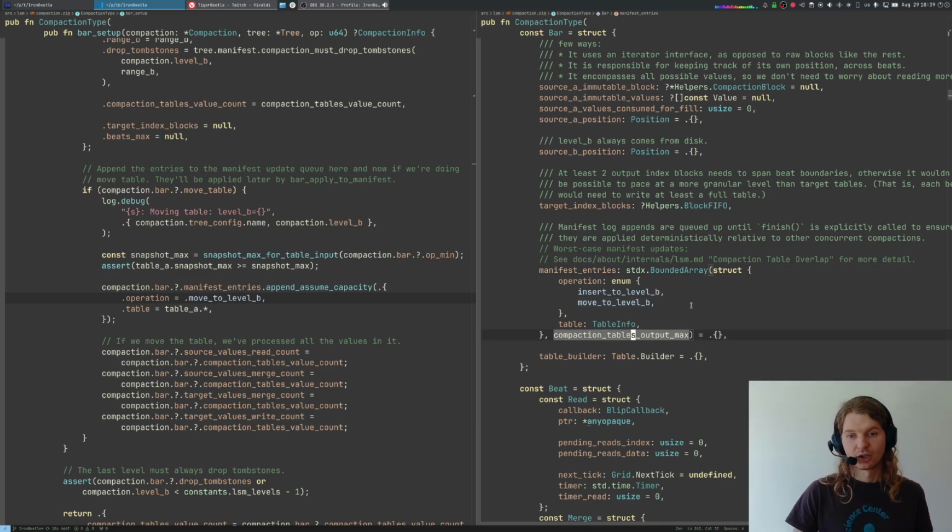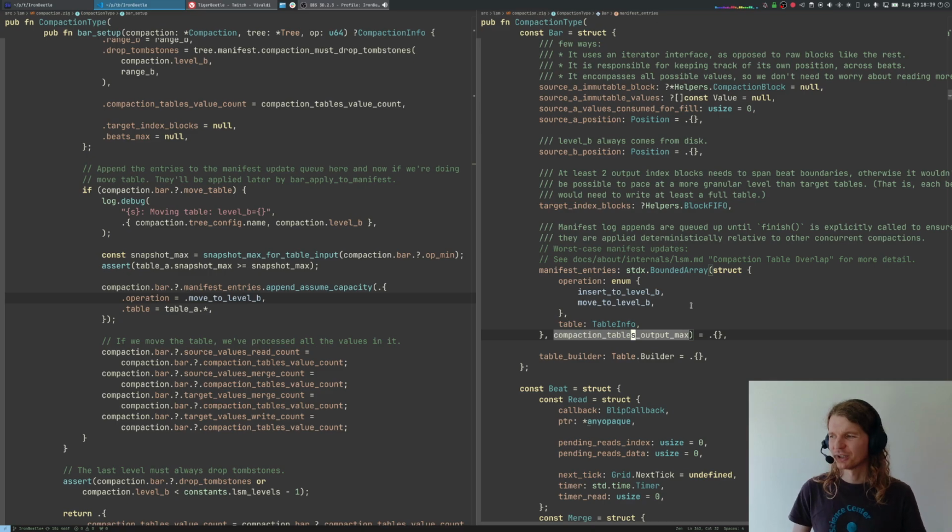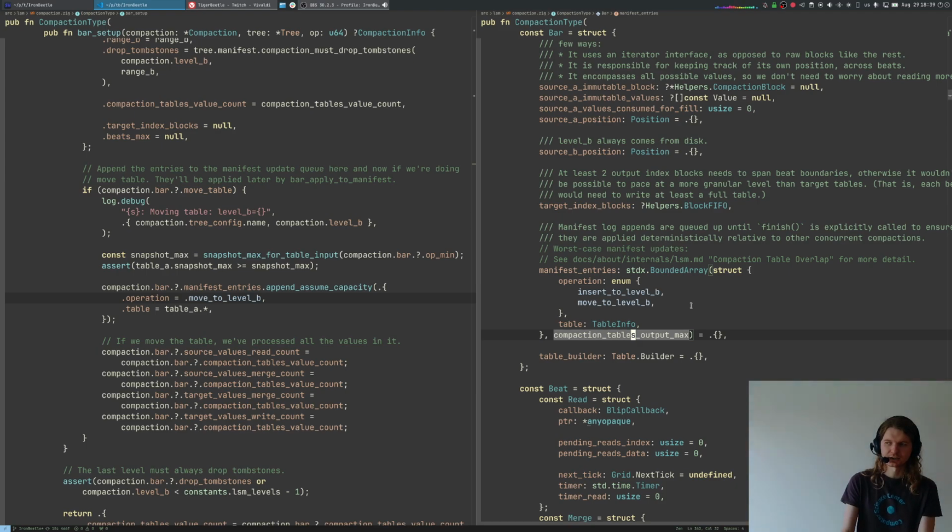And as usual, what is the maximum number of entries which could be applied to the manifest during a single compaction? Well, let's see. I'm curious, this is a run for the entire bar. So each compaction can append LSM growth factor plus 1 entries. And there are levels compactions.